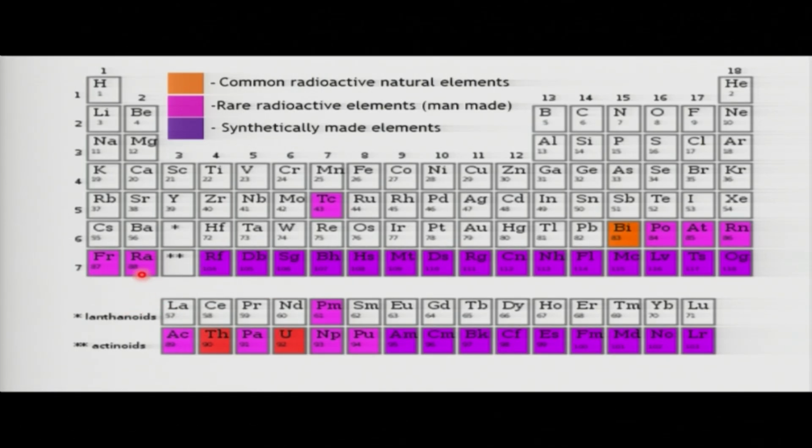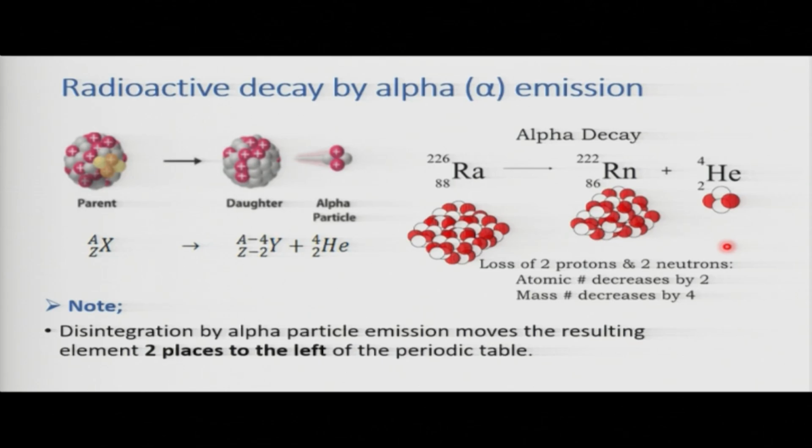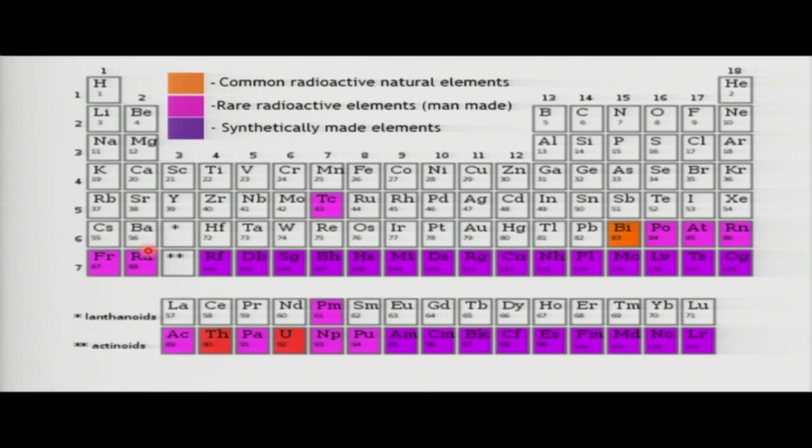You see, radium to radon, we move 2 steps. One is francium, to here, left. I will take you a little bit back to maximize that point. With alpha decay, the daughter atom is 2 places to the left of what decayed, and you get this.